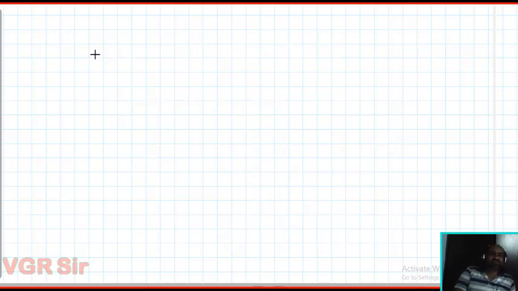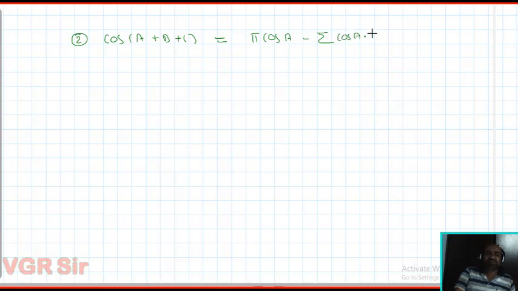Okay, next, the cos 3a formula, the second one. The cos of a plus b plus c formula is there with us. What is that? Pi cos a minus sigma cos a into sin b into sin c.